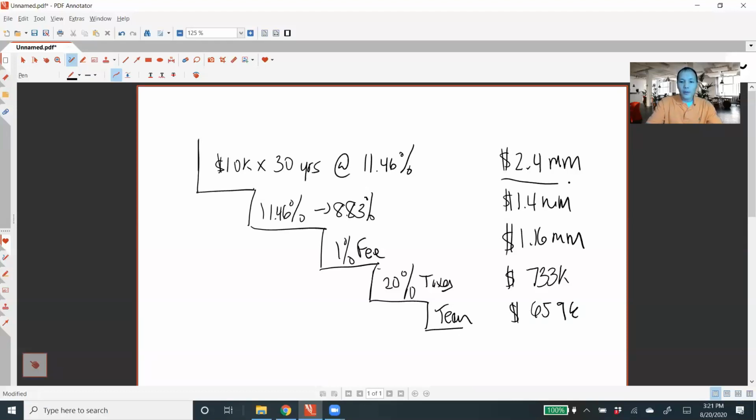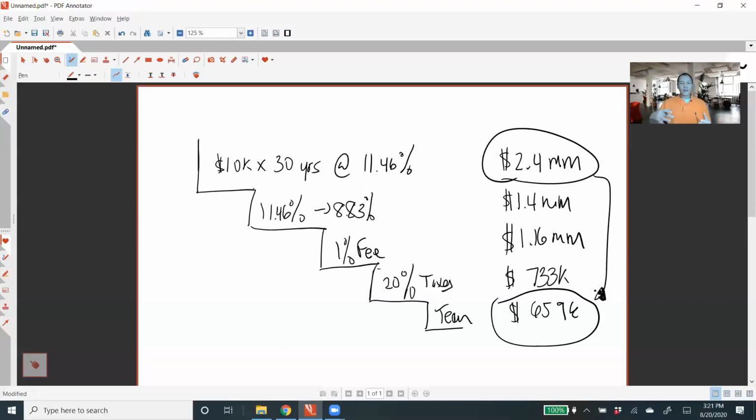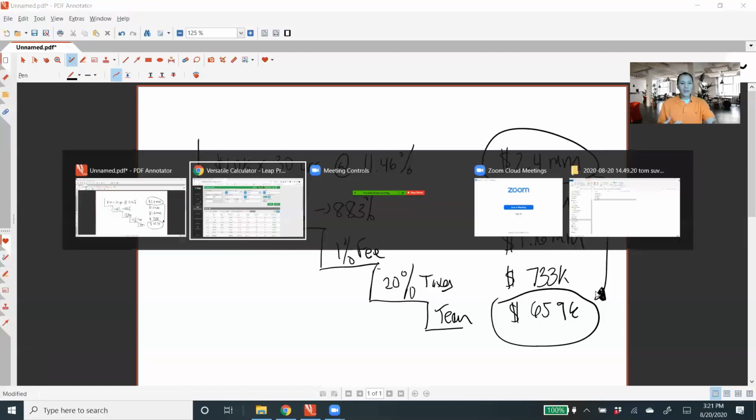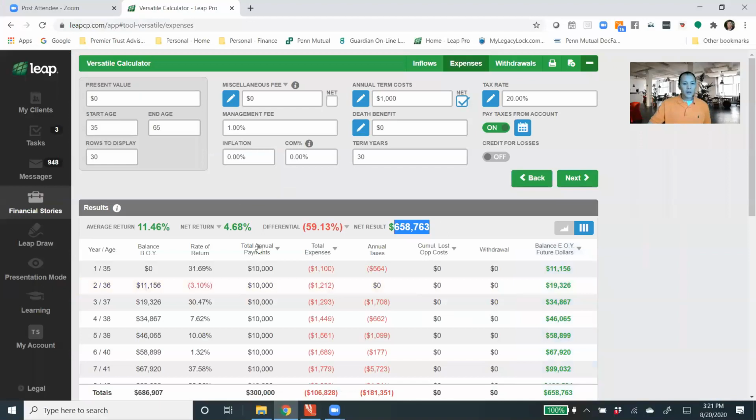So here we go, a 2.4 million account dropped to $659,000 based on all the costs and fees that are impacting the return. So that $300,000 invested now turns into $659,000 for a net return of 4.68%, while dealing with volatility and risk in this account.